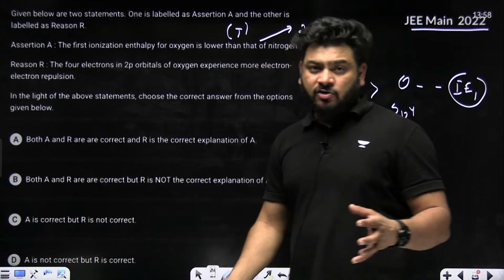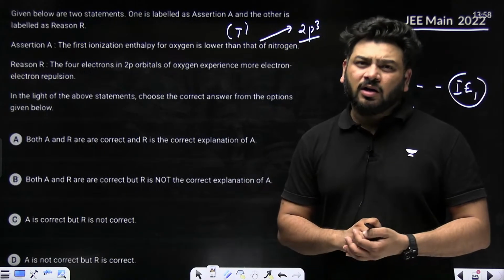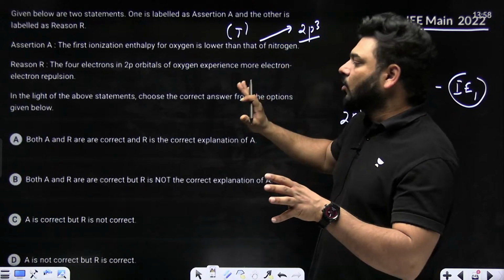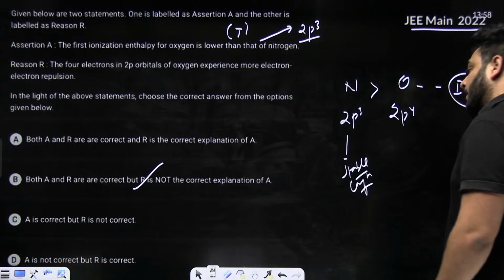But electronic repulsion is actually helping us to have the lesser amount of this energy. But yes, oxygen is not the one, or electrons are not the one which are helping in this matter.